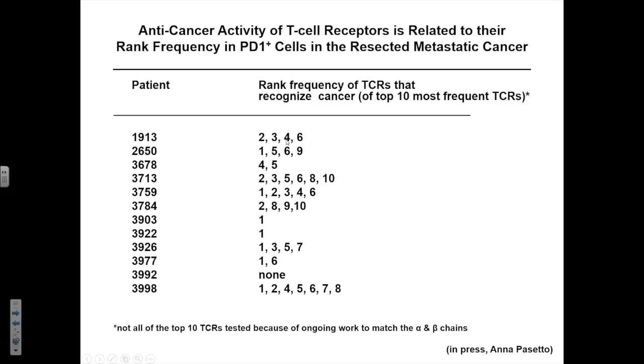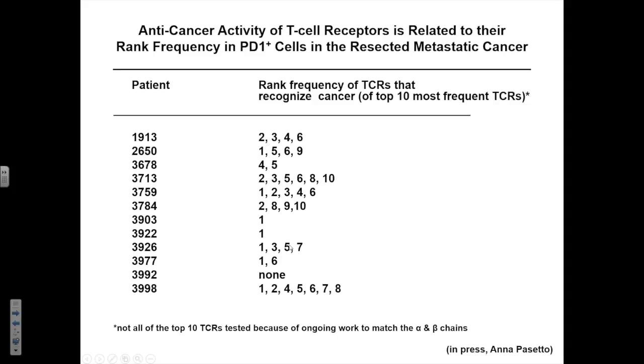Some recognized a kind of cancer germline antigen, a kind of antigen like MAGE-A3 or NY-ESO-1, that are proteins that are expressed during fetal development but are lost in the adult, but are re-expressed in a very tiny percentage of solid cancers.